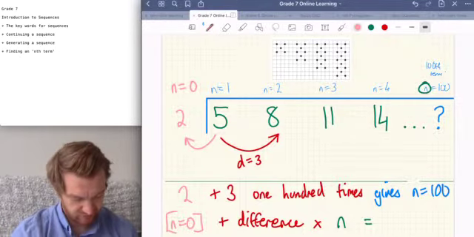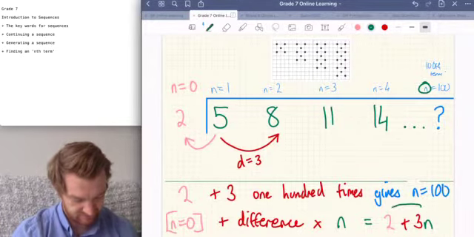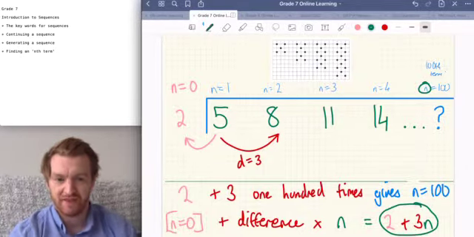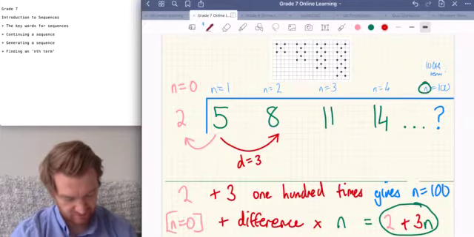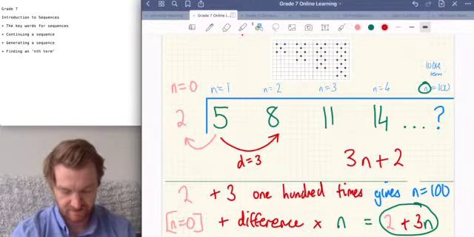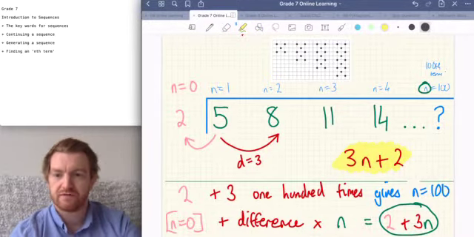The starting term was 2, the difference was 3, and n depends on the question. Now we've got an algebraic expression. And that algebraic expression, 3n plus 2, tells us the formula for the sequence.